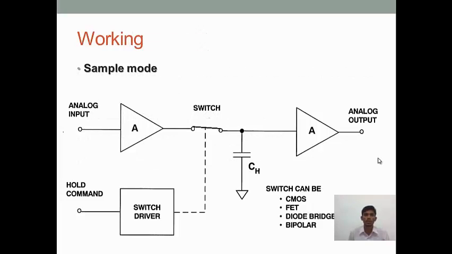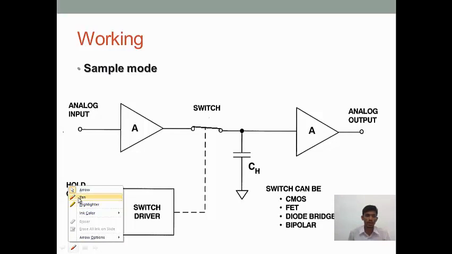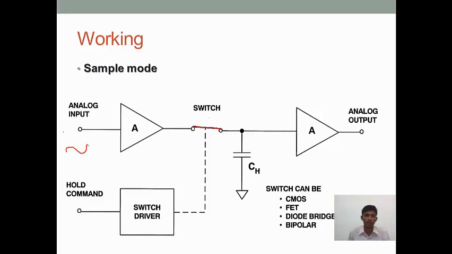Then we will start the working. First, we will see the sample mode. In sample mode, the switch is closed. You can see the switch is closed, so the circuit is shorted. Whatever input we give on the analog input side gets amplified through the input amplifier, and the amplified signal is directly fed to the capacitor.